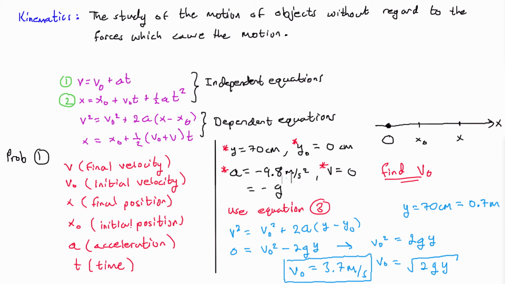Can you explain to me why A is equal to negative G and not just G? Because, remember, if you look at the formula, all these formulas were derived assuming A was positive, right? Using plus 2A, all that stuff. But these are general formulas.